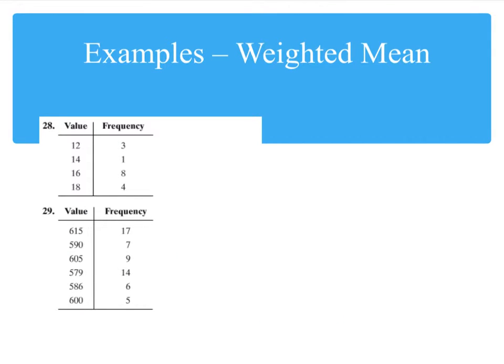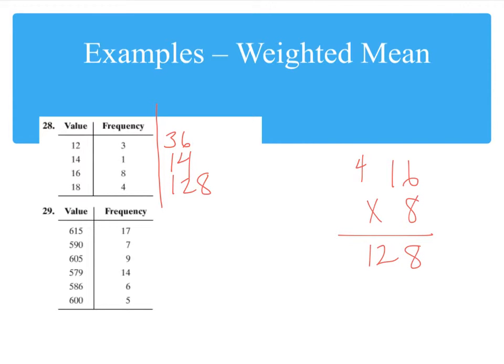So here's some examples here. The first thing you're going to do is multiply. We should have 36, 14. Let's do 16 times 8. That's going to give us 128. And then 18 times 4, 72.